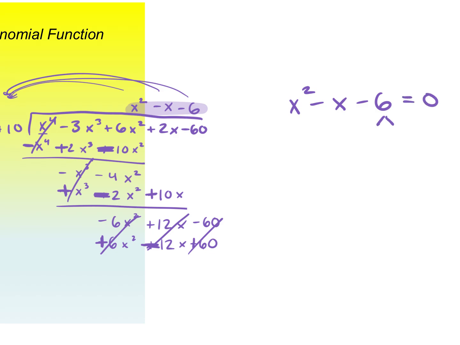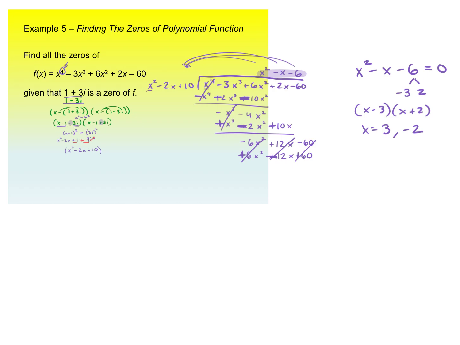What are two factors of negative 6 that add to negative 1? Negative 3 and 2. So x minus 3 and x plus 2. So x equals what? 3 and negative 2. So if I were to list out all of my zeros here, I'd say x equals 3, negative 2, 1 plus 3i, and 1 minus 3i.